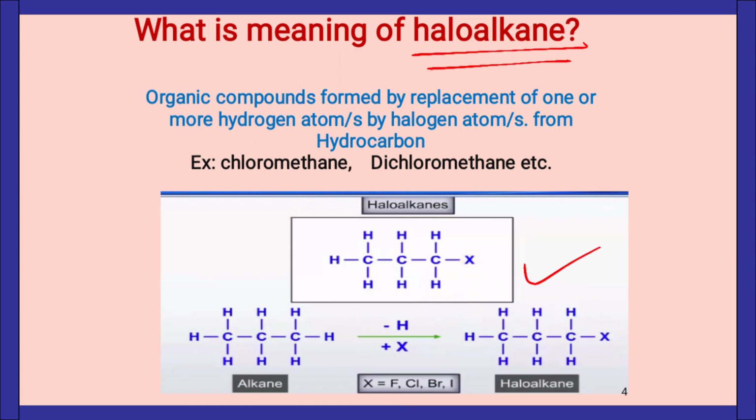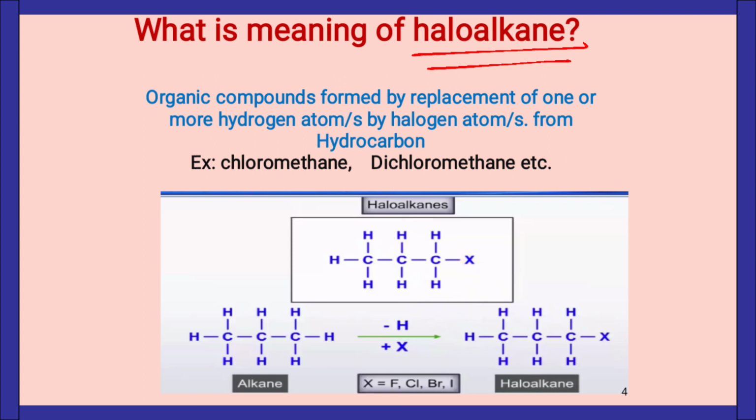Structurally, it's nothing, just removing hydrogen and adding halogens in the place of hydrogen. Remember that halogen group includes, again I think you may know, but for the clarity I am telling you again what it means.